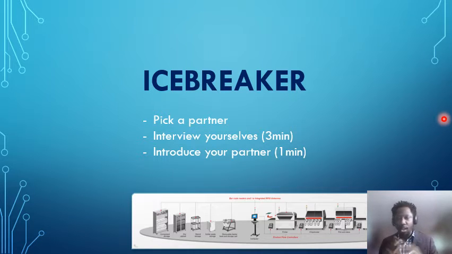So, like I said, pick a partner and interview your partner. You're going to ask about your partner's background, work experience, and hobbies. That's just for 3 minutes. After that, we are going to reconvene and you will introduce your partner in just 1 minute, a summary in 1 minute. I think everybody could do that. We have only 3 minutes to do that, so I see you immediately after 3 minutes. All right.